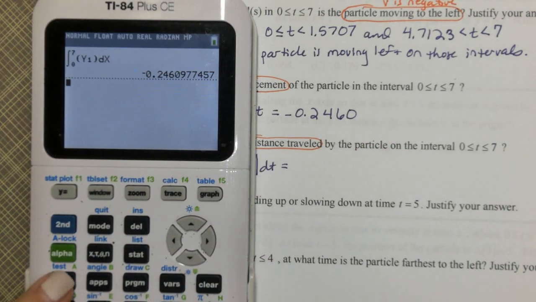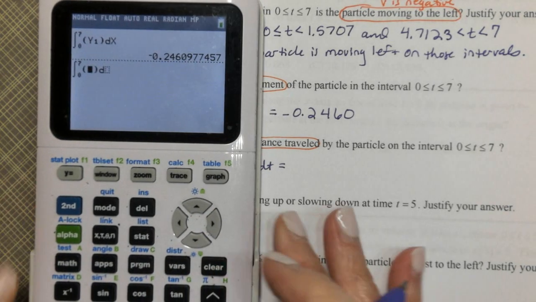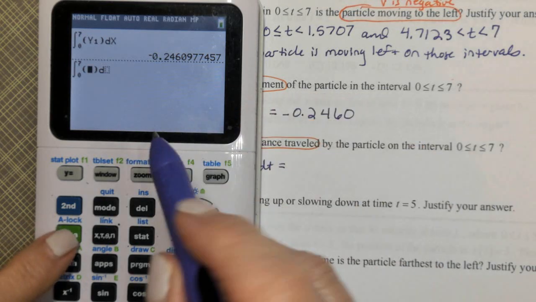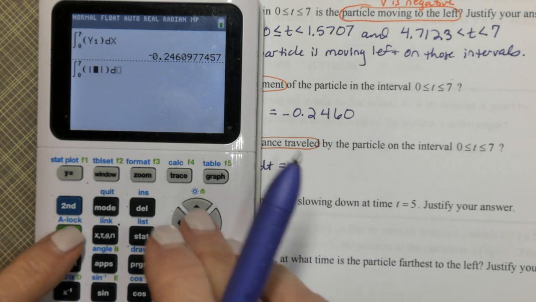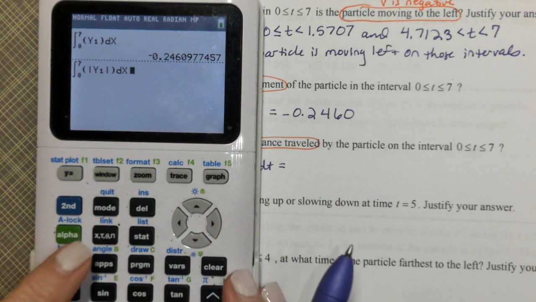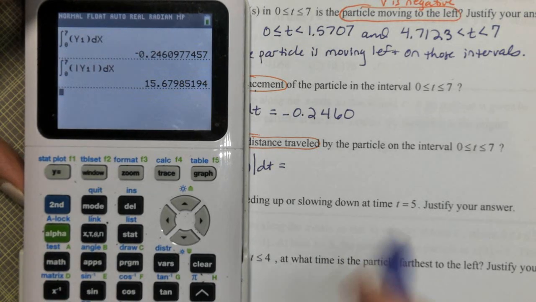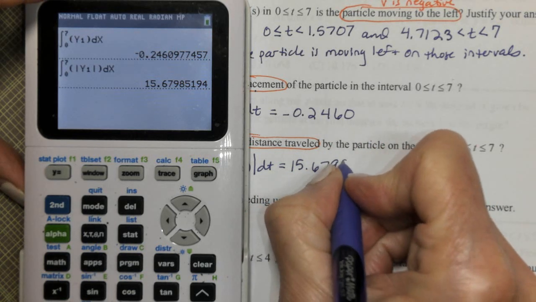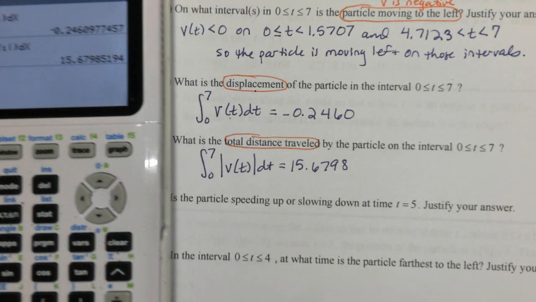Okay, so Math 9, 0 to 7, absolute value. The quickest way to get to the absolute value, I think, is under F2. So alpha F2, it's the very first thing. Now we go and get our Y1. And the total distance traveled of this particle is 15.6798, at least 3 decimal places after the decimal point.